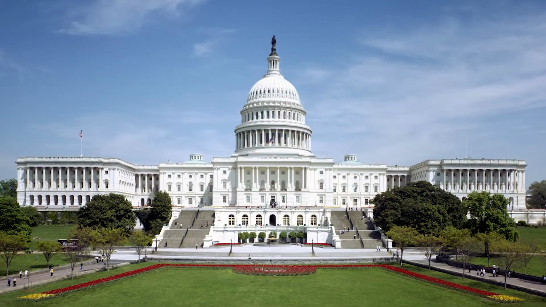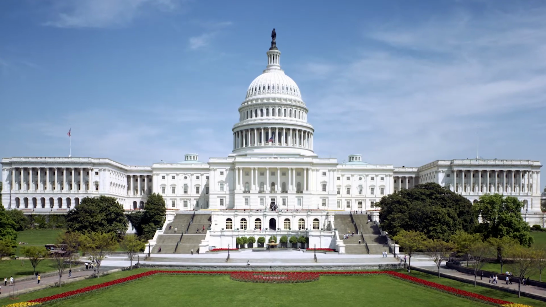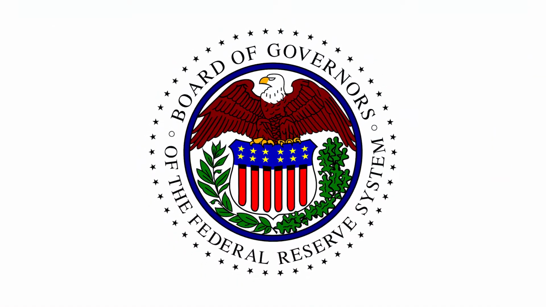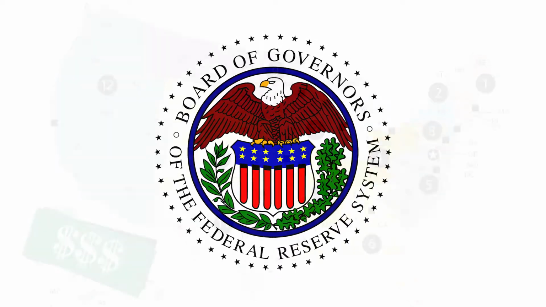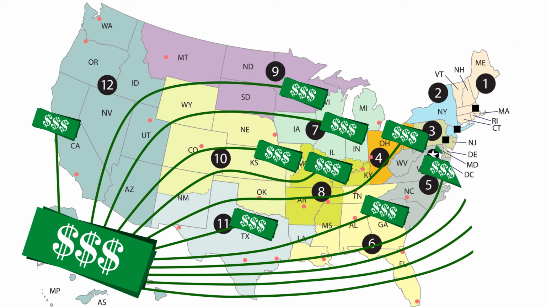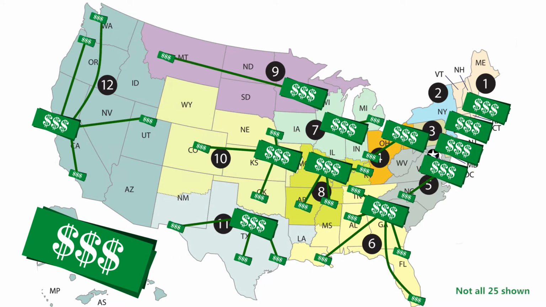All of these are legal tender, meaning that they are issued by a government and accepted as a valid form of payment. They are distributed through the Federal Reserve System. The country is divided into 12 regions, each with one primary Federal Reserve Bank. Newly printed paper money is shipped directly to them and is then distributed to a total of 25 branch banks. Those 37 banks then distribute it to commercial banks, where it finds its way into consumers' hands.